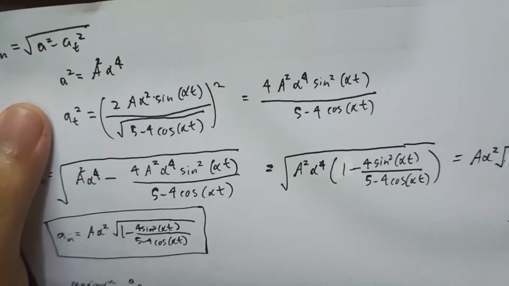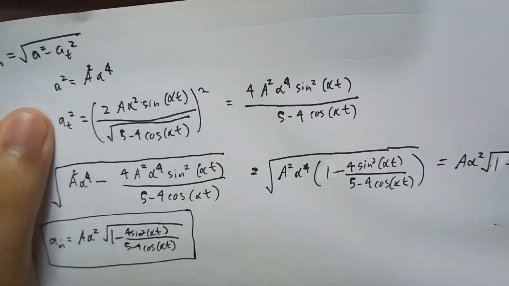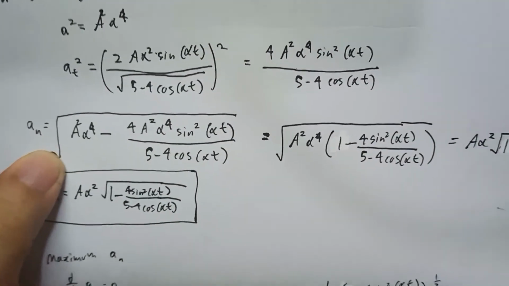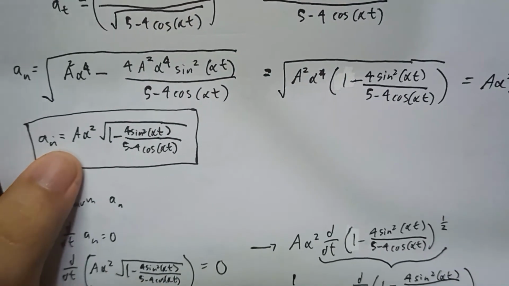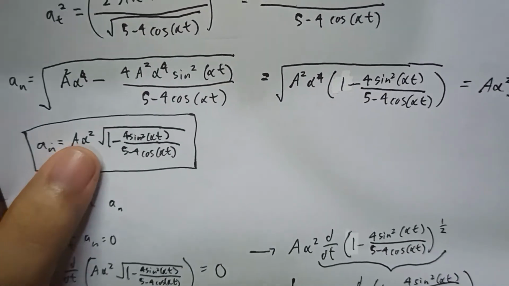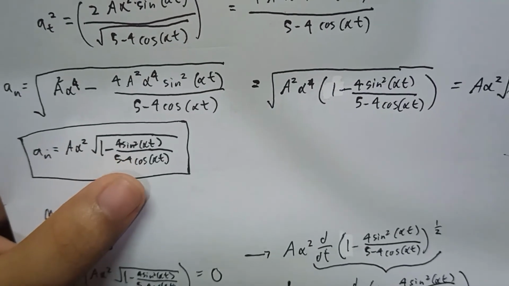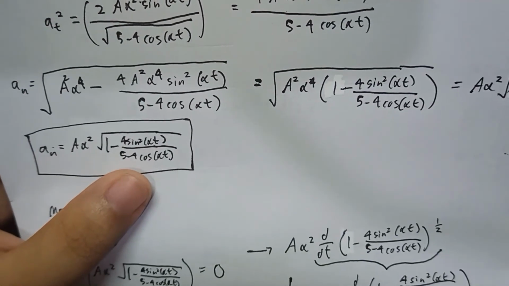And we subtract the tangential acceleration from the acceleration and get the square root, which gives us the normal acceleration of a alpha squared square root of 1 minus 4 sine squared alpha t over 5 minus 4 cosine alpha t.